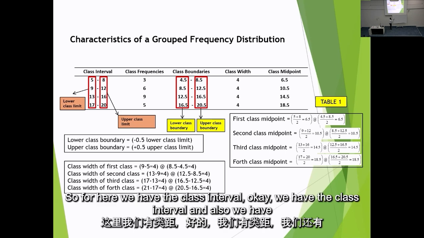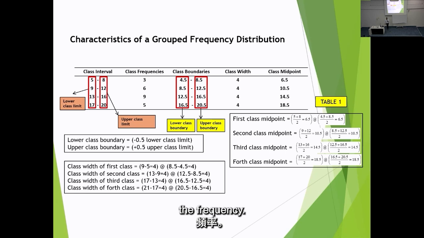Here we have the class interval and also the frequency. The lower class boundary is always on the left side, and the upper class boundary is always on the right. This is the class interval, this is the class boundary, this is the lower class boundary, and this is the upper class boundary.